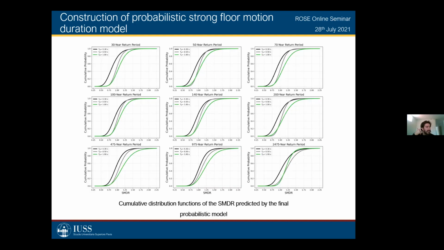In here, you have sample CDFs for each return period for 3 different building fundamental periods: 0.3, 0.5, and 1 second.